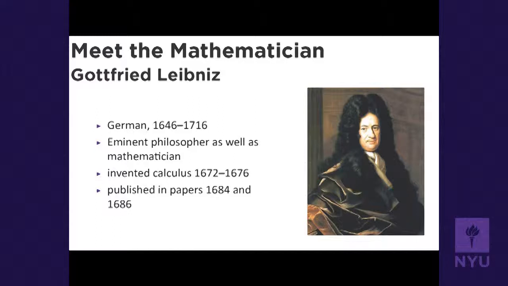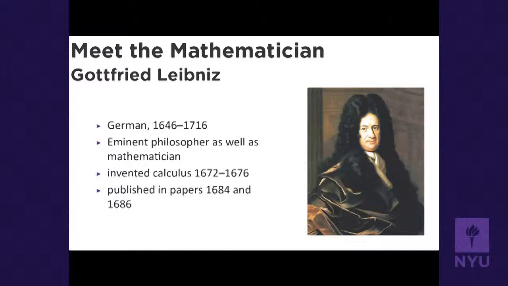Now, I wasn't able to write the titles of his papers in the slides because they are way too long, but here you go. Okay, so Leibniz's paper in 1684 was called, in English, A New Method for Maxima and Minima as well as Tangents, which is impeded neither by fractional nor irrational quantities, and a remarkable type of calculus for them. That was page 1, I guess, the title.